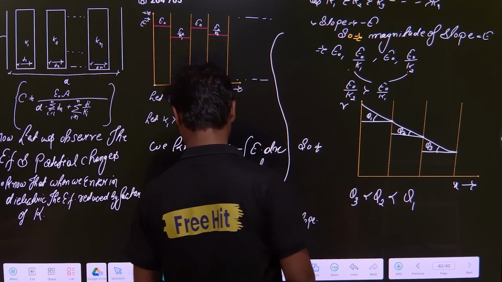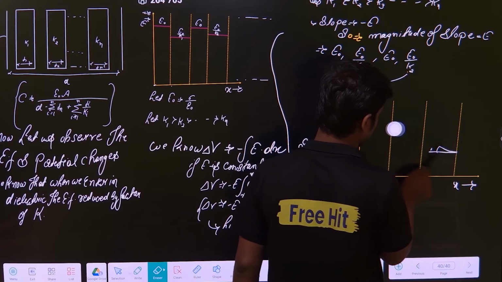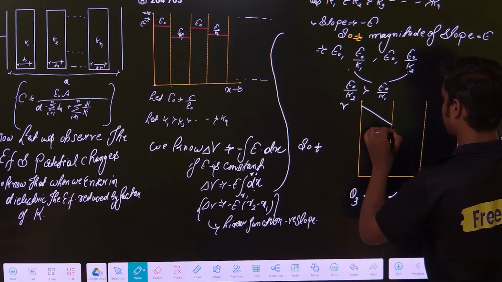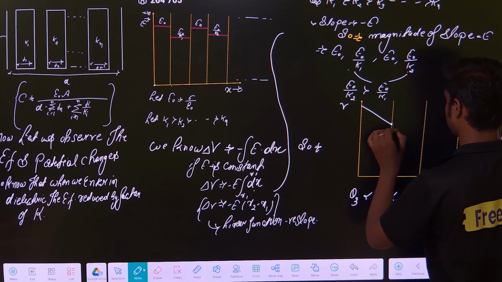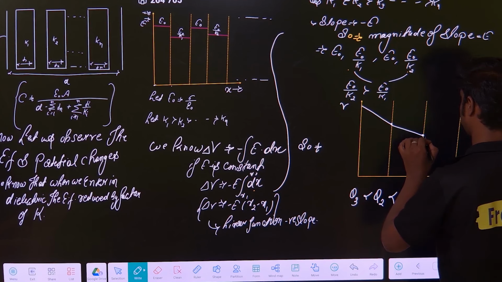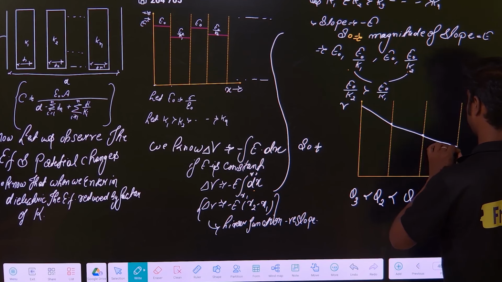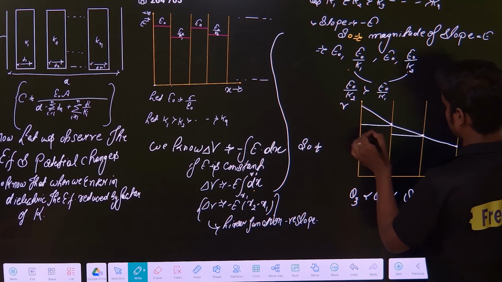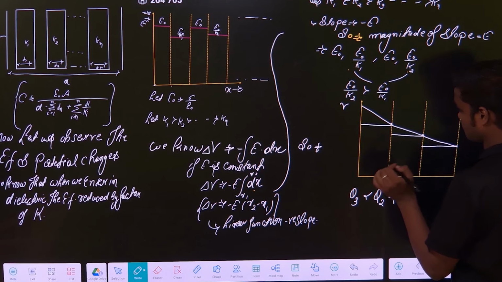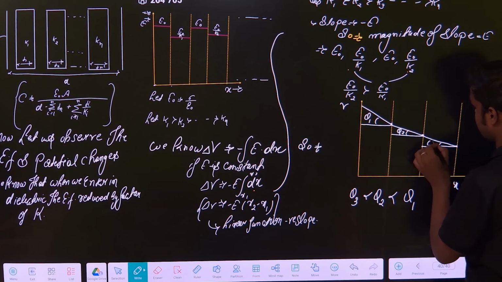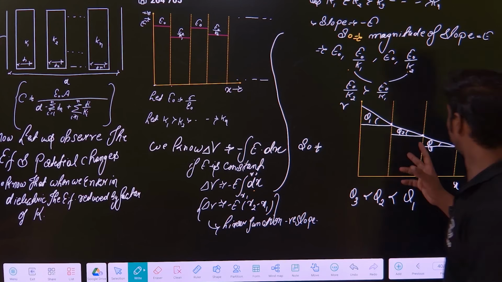It's again not coming proper, wait. I hope somewhat it came, but yeah, this is the graph you are going to get.